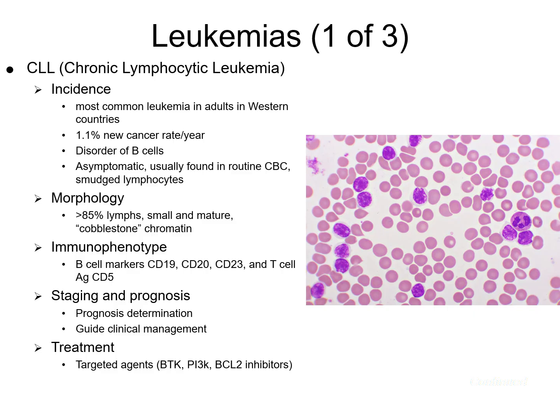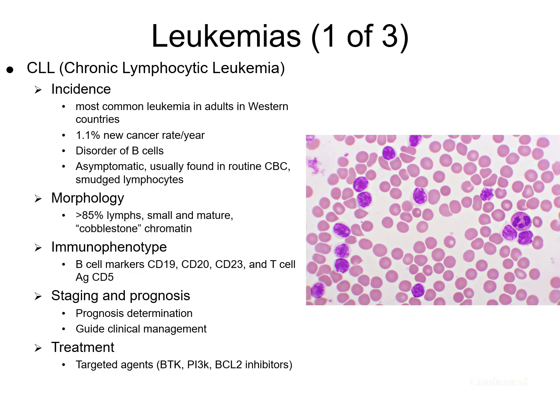For treatment, this is reserved for symptomatic or progressive disease patients. Recent advances have shifted therapy towards targeted agents that disrupt key pathways in chronic lymphocytic leukemia cell survival and proliferation. This helps to improve outcomes with less toxicity compared to traditional chemotherapies.